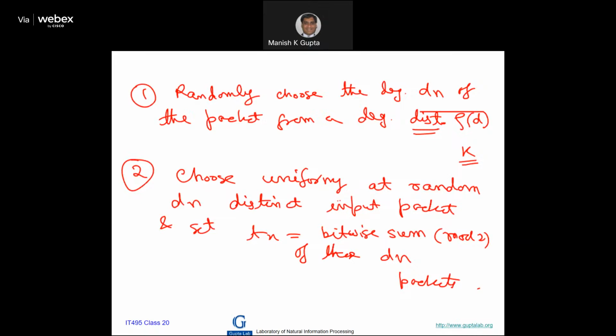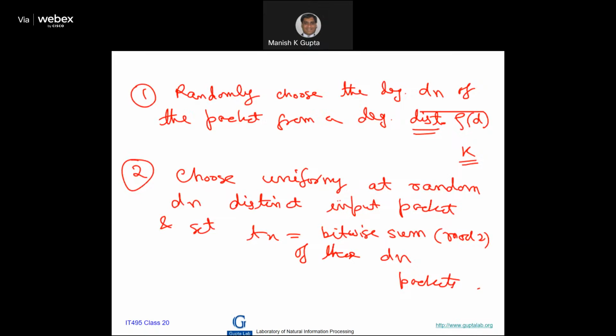Okay. So there are two kinds of distributions mentioned in Luby's paper. One is the ideal soliton distribution, and the other one he called the robust soliton distribution. Although the ideal one is ideal, in practice we use two parameters, C and delta, to control the distribution, and that is known as the robust soliton distribution.